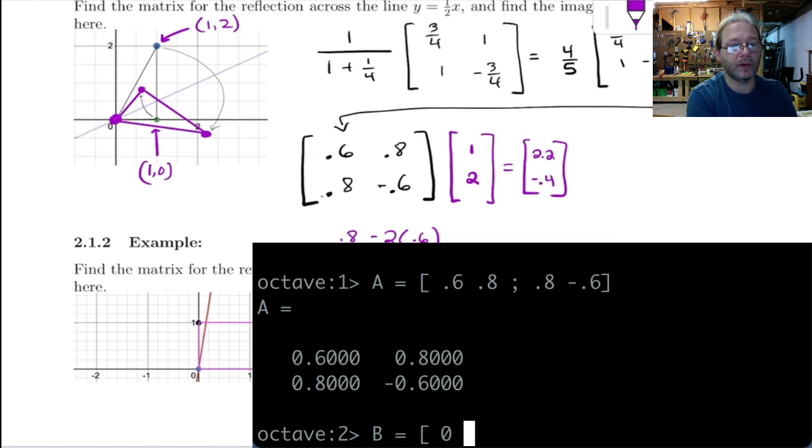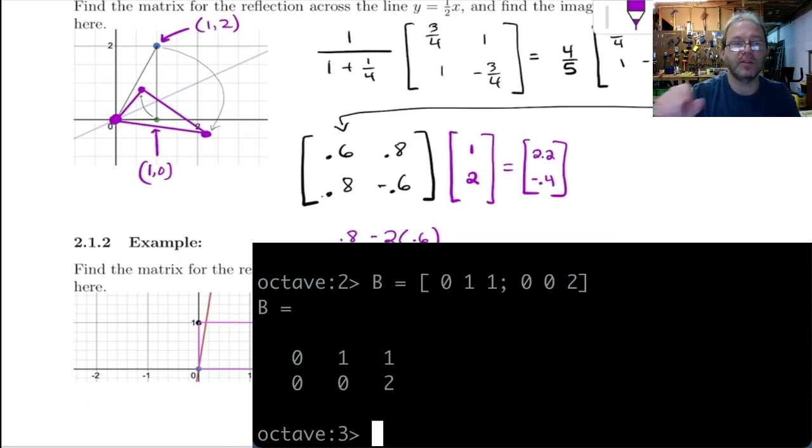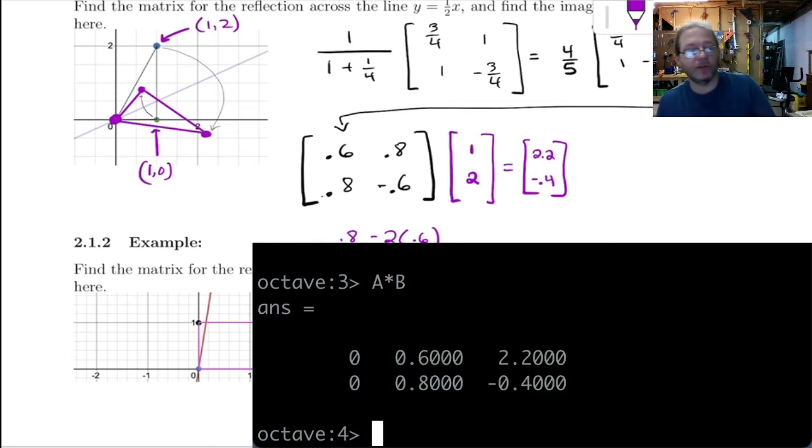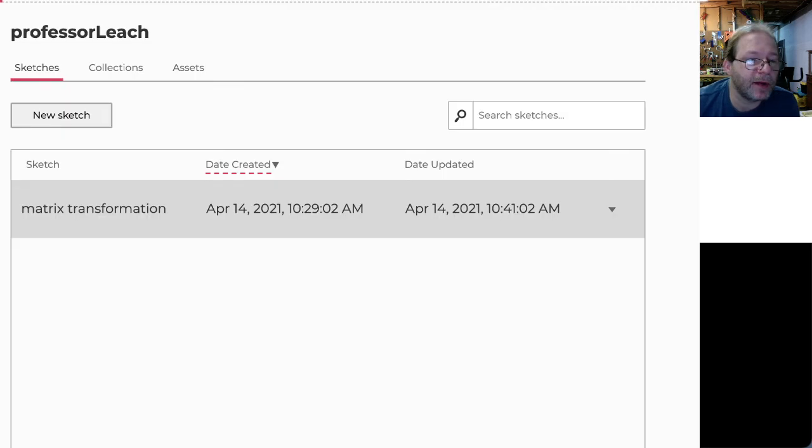So 0, 1, 1, 0, 0, 2. What that B is, each column is one of the points that we had. So we got 0, 0, 1, 0, and 1, 2. And if you just multiply these together, it gives us the images of all 3 points. So you can do this in just one step there, and plot them out.